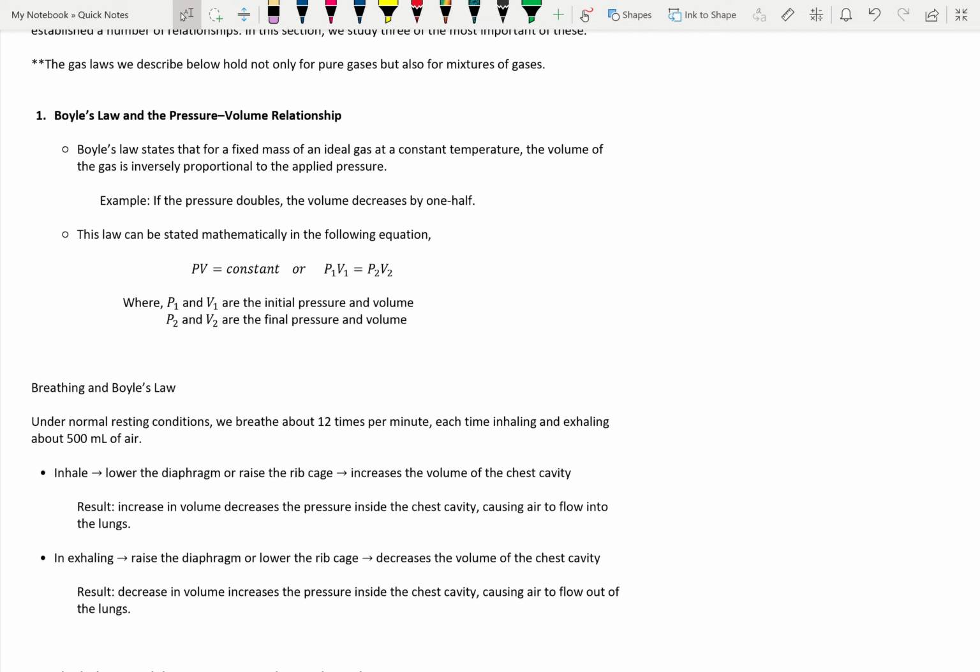Therefore, we're increasing in volume, which decreases the pressure inside our chest cavity, causing the air to flow into the lungs. And then when we're exhaling, so we breathe out, right, our diaphragm rises and our rib cage is lowered, and this decreases the volume of the chest cavity. Therefore, we get a decrease in volume and an increase in the pressure inside the chest cavity, causing the air to flow out of the lungs.